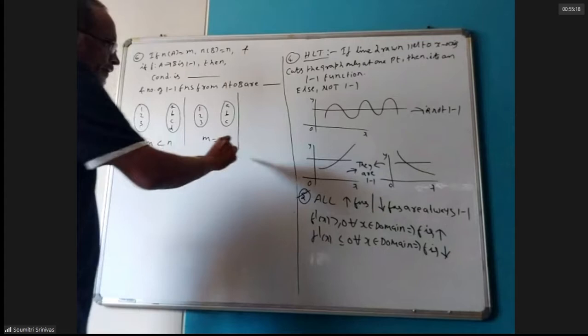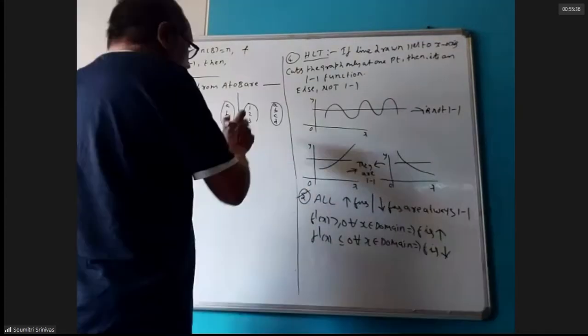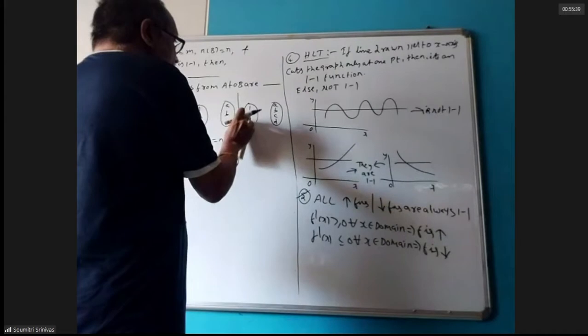What is happening now? Oh, same thing. Okay. Add one more element. What is happening now? M greater than n.